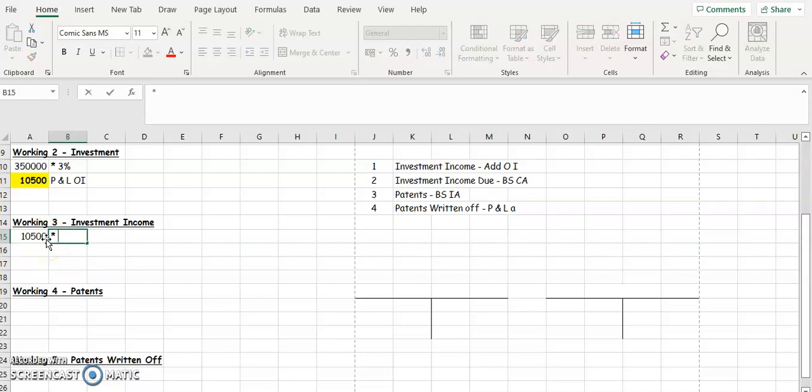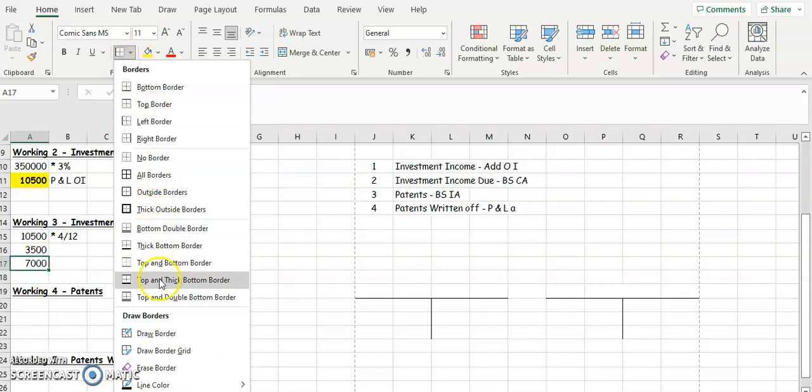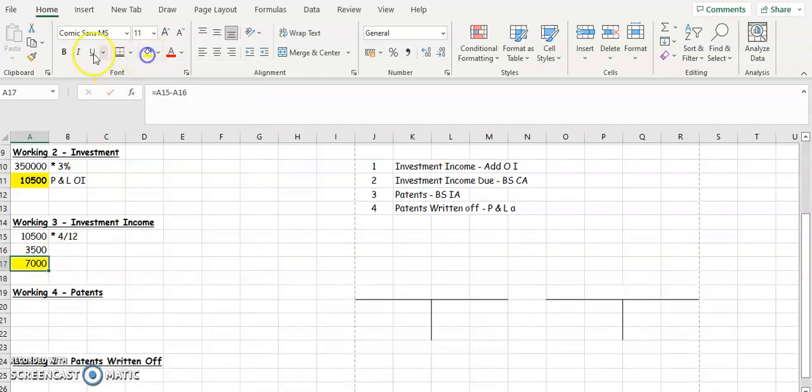So we'll multiply the 10,500 by 4/12. So we've paid 3,500. So what's left to receive for our income is the difference between the two. So 7,000 is how much we need to receive from our investment income.